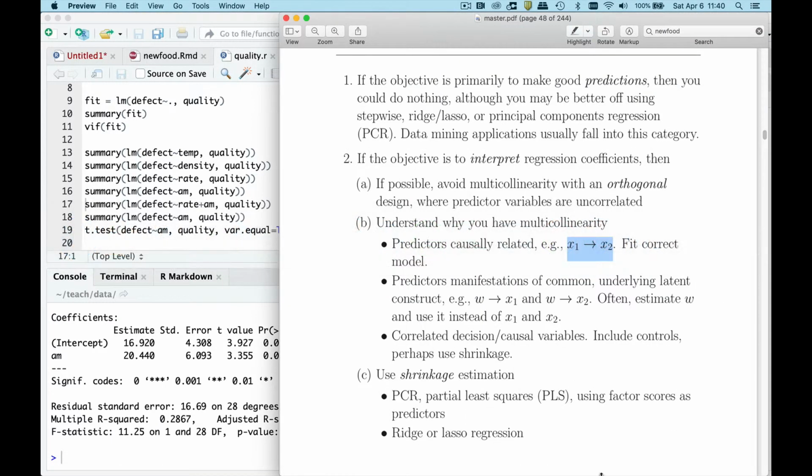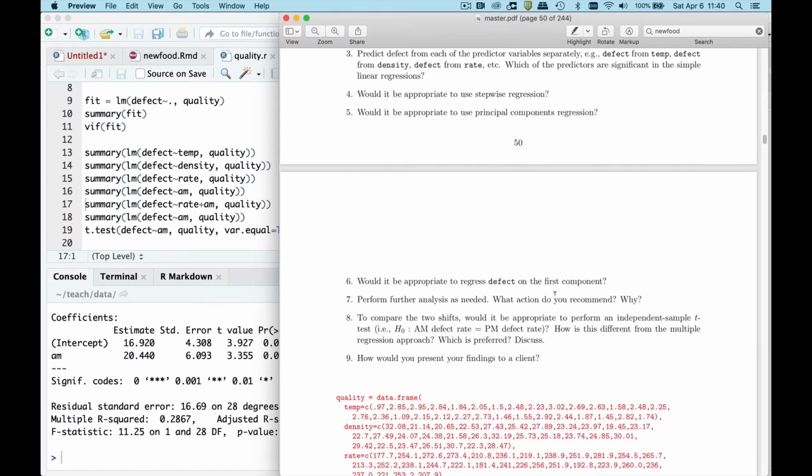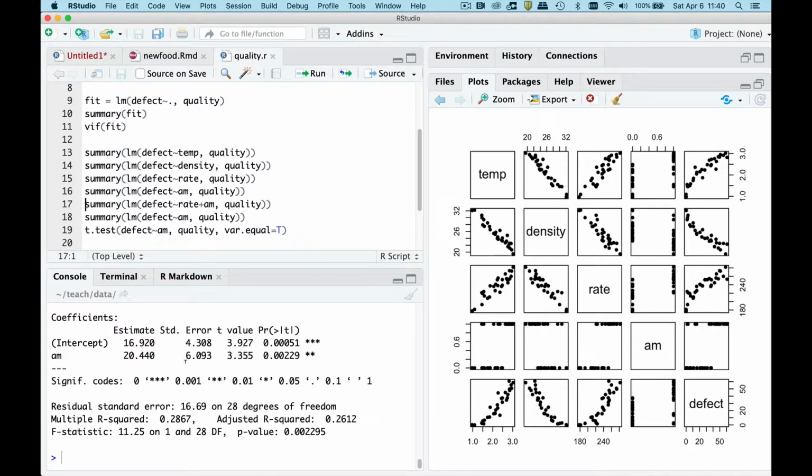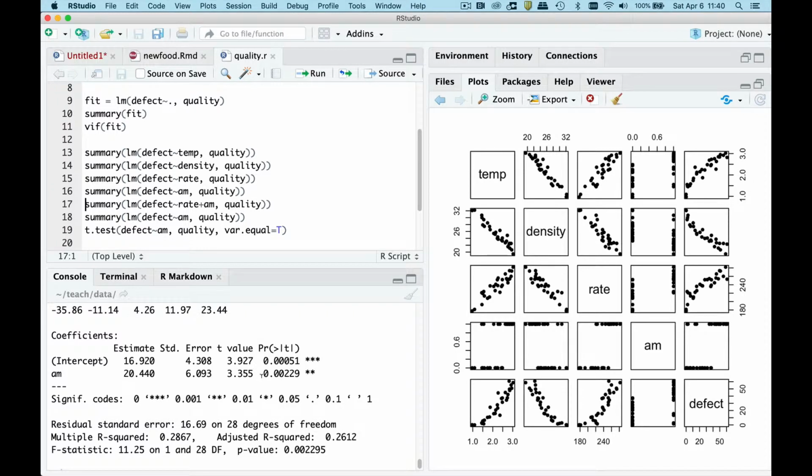All right, well, let's go back to the case. To compare the 2 shifts, would it be appropriate to use an independent sample t-test? How is this different from multiple regression? The independent sample t-test is equivalent to this last regression I ran. In this last regression, we conclude that the morning shift has significantly more defects than the afternoon shift on average.